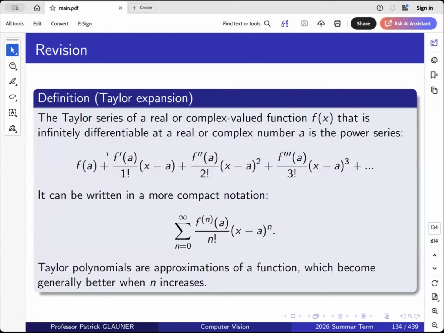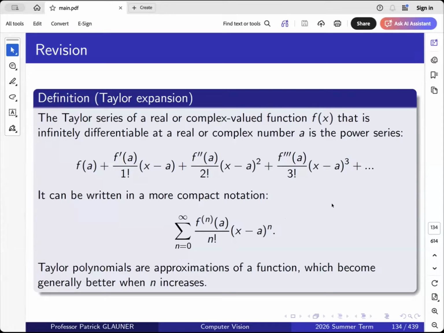It's f of a plus the derivative of f at a multiplied by x minus a divided by 1 factorial, plus the second derivative of f at a divided by 2 factorial times x minus a squared, and we can continue this for the third order derivative. We cube here, divide by 3 factorial.